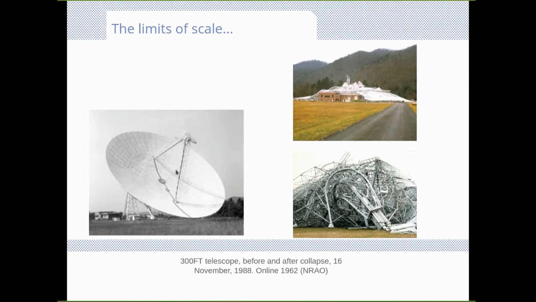The reason why this dish was so large in the first place was to get good sensitivity in order to do things, early work, for instance, in pulsar science. So the instrument did fantastic work in those early days. It mapped out an all-sky survey, I believe, at 6 centimeters.